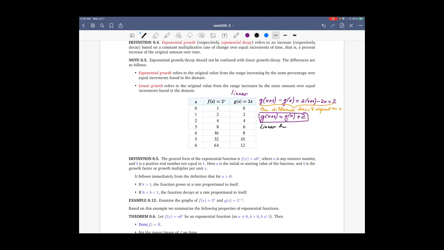The linear function g of x equals 2x grows by 2, which is the slope, units every unit of time, every hour, for instance.